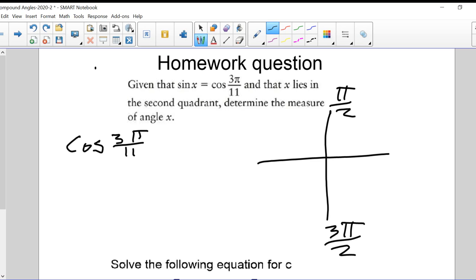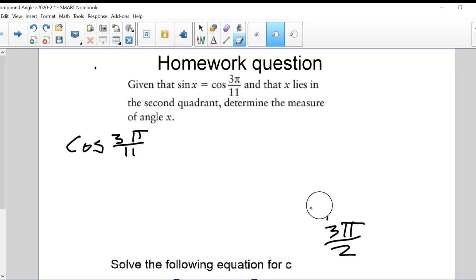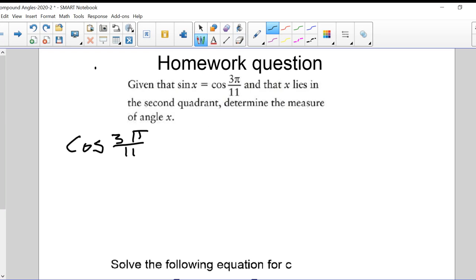Okay. So what I'm going to do is let me first of all erase this. And I'm going to write down the identity that gives us the co-function for this. Hopefully you're going to remember this from what we did. According to what we just learned, I'll write it down for both sine and for cosine.